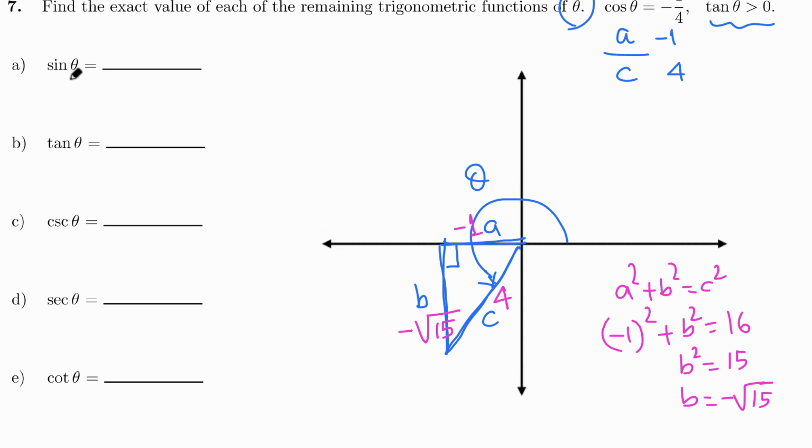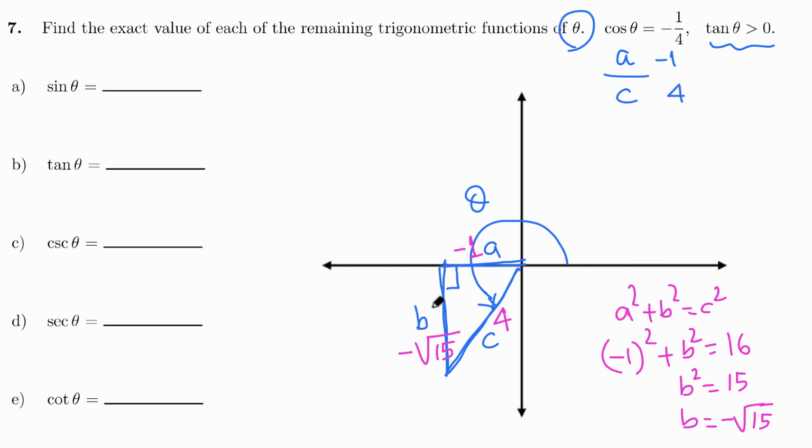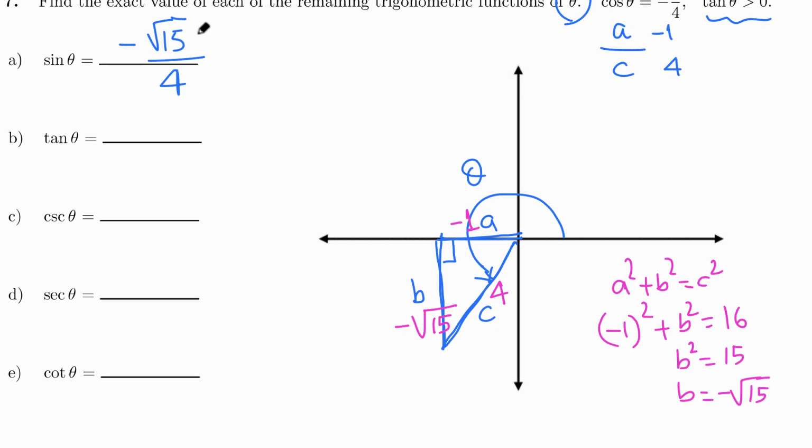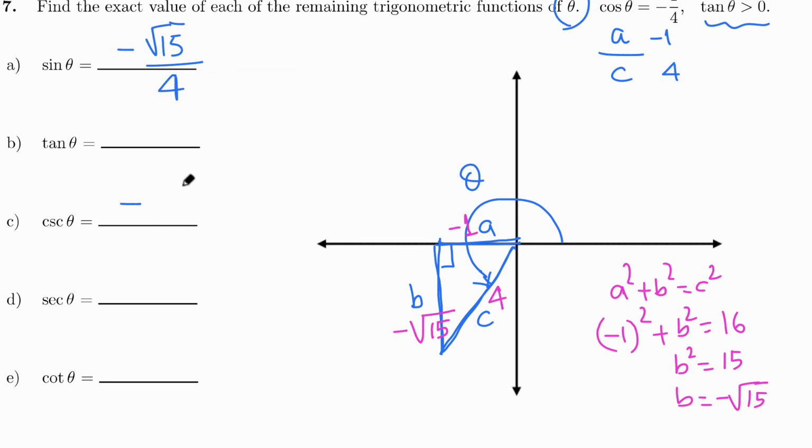Okay, sine theta is opposite over hypotenuse, so negative square root of 15 over 4. Here is cosecant, that's the reciprocal of this, so -4 over square root of 15. We don't have to rationalize, you can rationalize, but that's not necessary. Tangent is opposite over adjacent, so negative square root of 15 over -1.